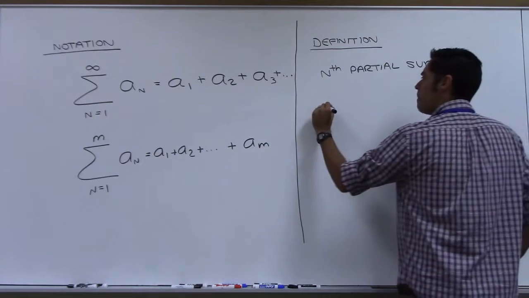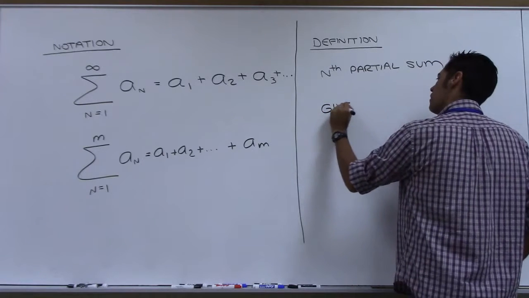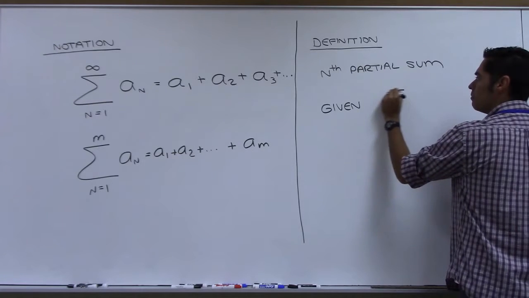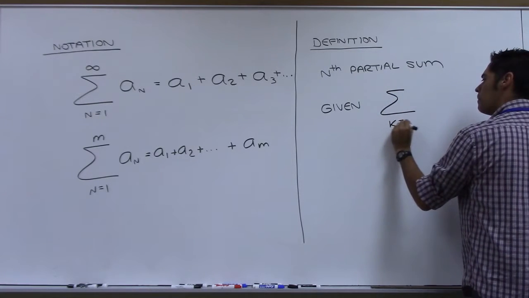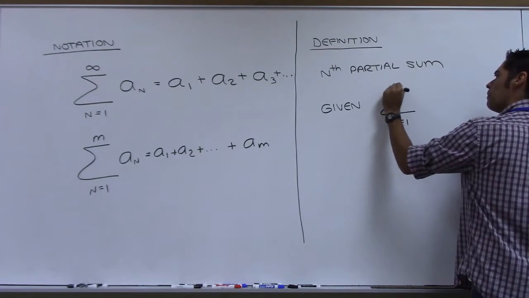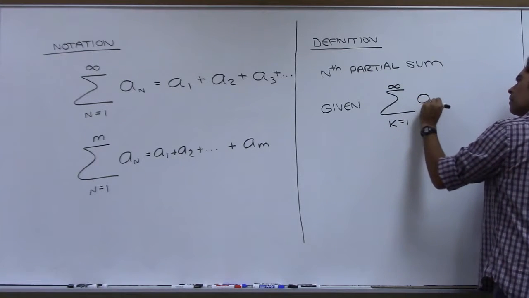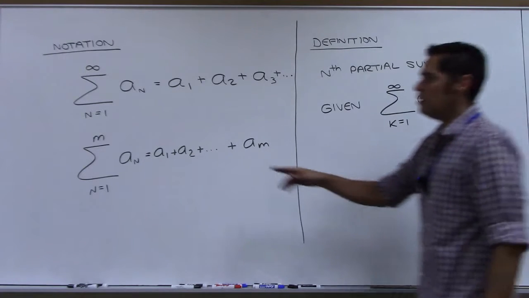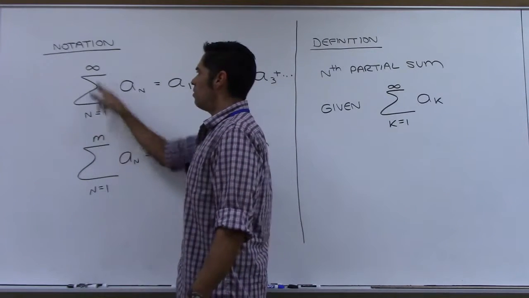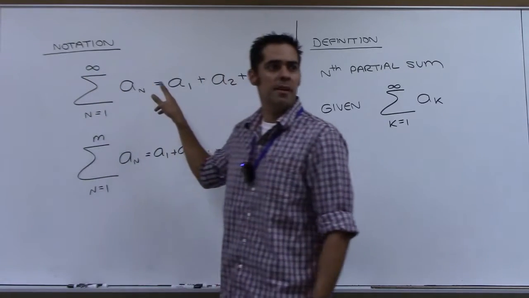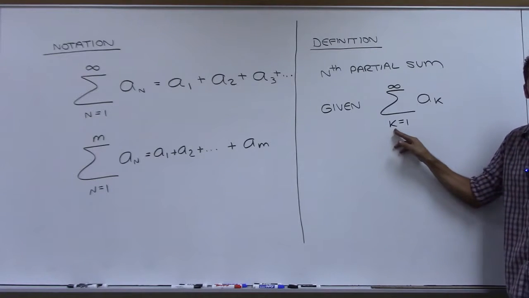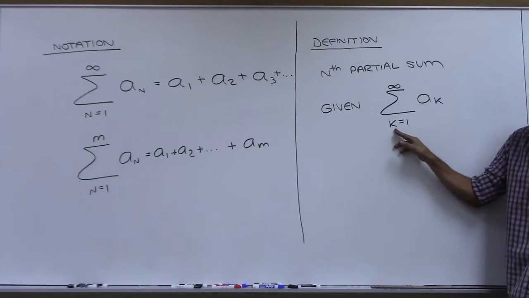So given some infinite series, so I did something to you there. What did I do? I changed the letter, right? Instead of using n equals 1 to infinity, I used k equals 1 to infinity. Okay, and I'm free to do that. This is called a dummy variable. It's just my index. I can use any letter I want.